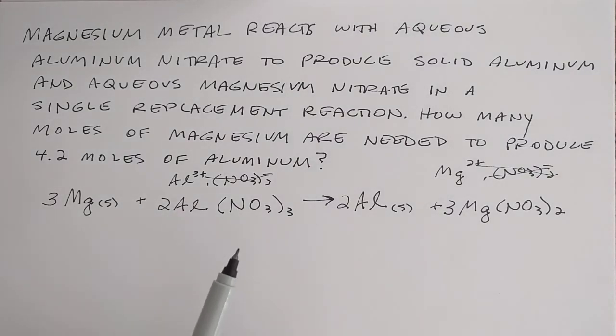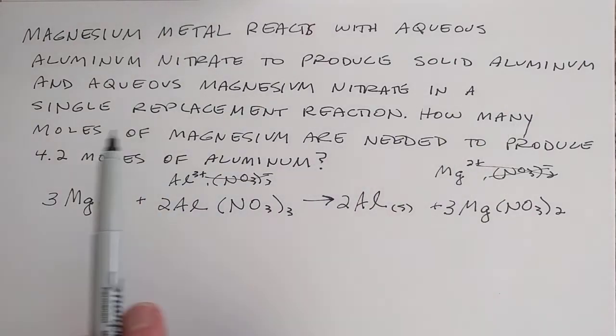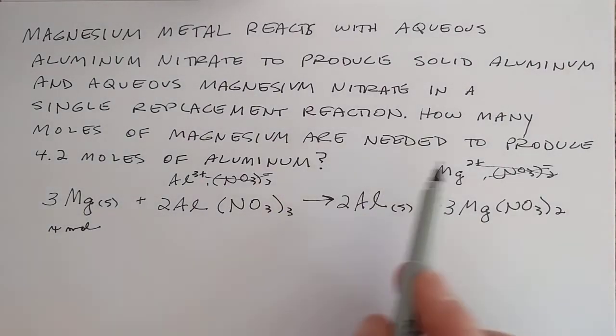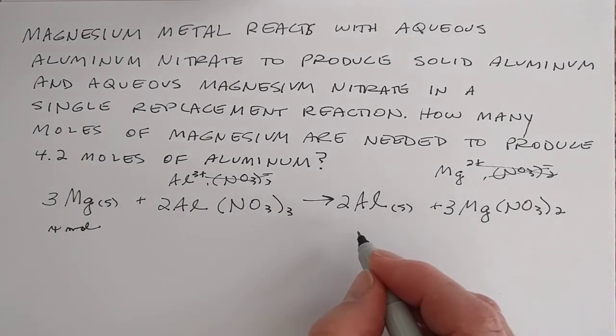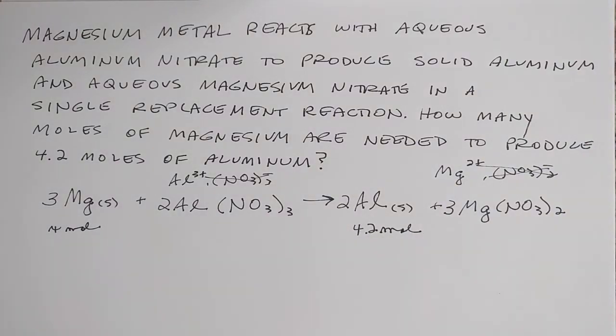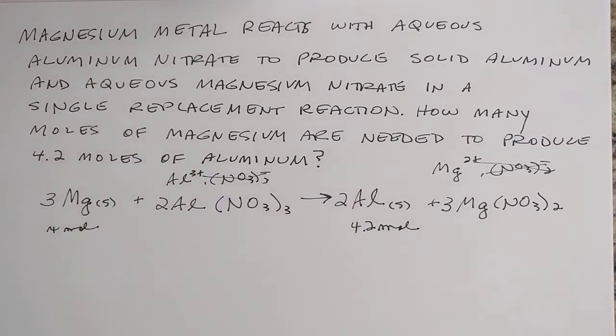Okay, so let's look at our problem. So it says how many moles of magnesium, that's our X, are needed to produce 4.2 moles of aluminum. So when I do it like this, I can easily see what I'm going to need for my mole ratio. Do the dimensional analysis.